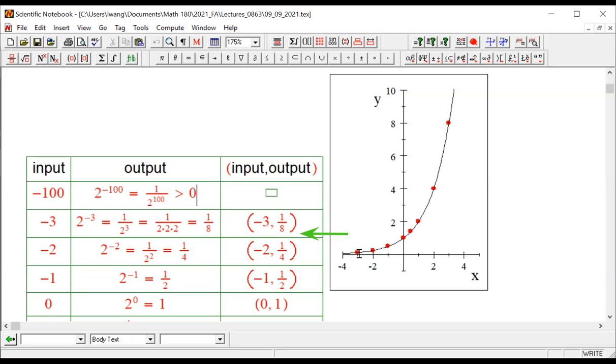That red dot, if we are to draw it, is going to be very, very close to the x-axis, but does not touch the x-axis. That's the image you see. So as x approaches negative infinity, the red dot is going to keep going down, down, down, but will never touch the x-axis, and it will get infinitely close to the x-axis.